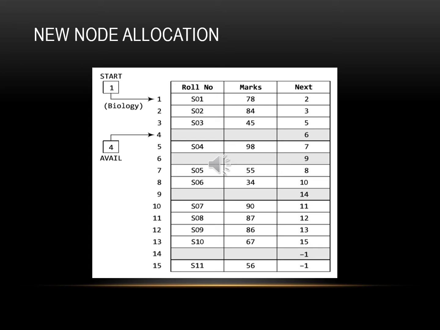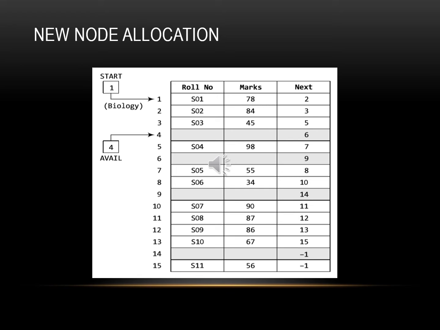But then there is another pointer variable that you can see, that is avail, which points to 4. Now what is this avail? This is a pointer which is keeping track of the empty memory locations. If you can see, from 4 next is 6. That means the memory location with address 6 is the next empty space.